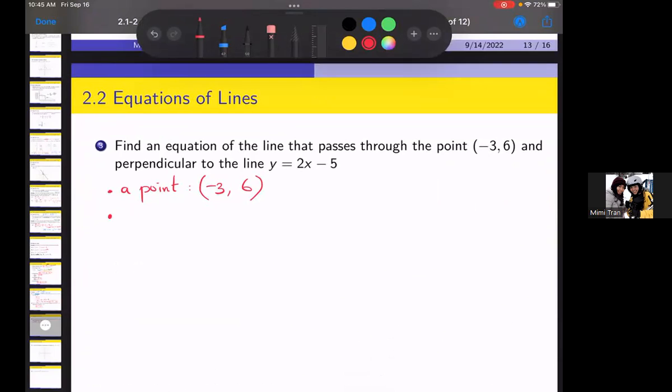So what's my slope, the one I'm looking for? Then this implies what? The slope I'm looking for has to be what? Opposite, right? So yeah, opposite and flip.